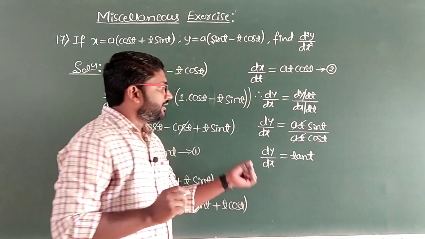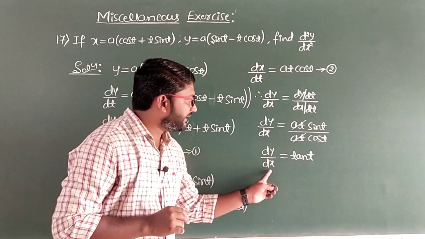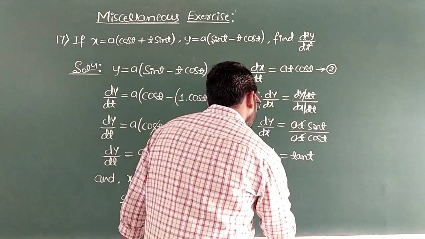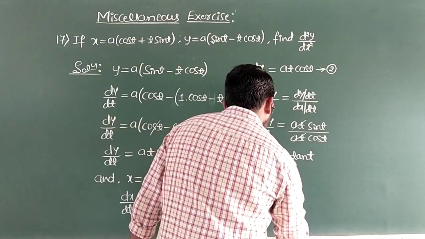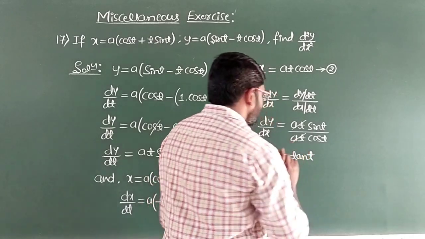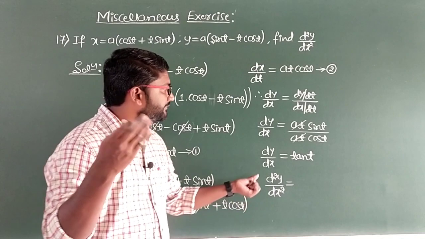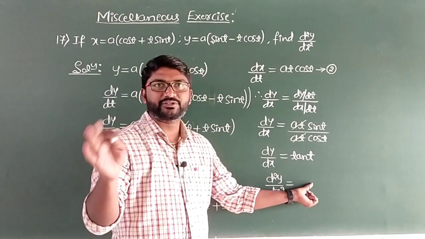So now we need to find d square y by dx square. Differentiate both the sides once again with respect to x. We get d square y by dx square equals. Now here the parameter is going to be t. If it were only tan x, we could have written secant square x and stopped.